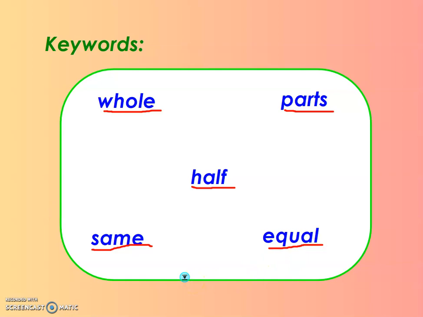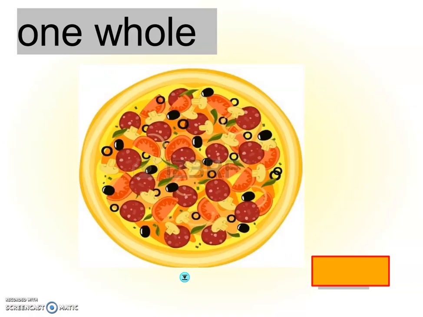Let us go further. Oh, that's a yummy pizza. Now, I can see one whole pizza. This is called one whole pizza. I have to share this pizza with my mommy.